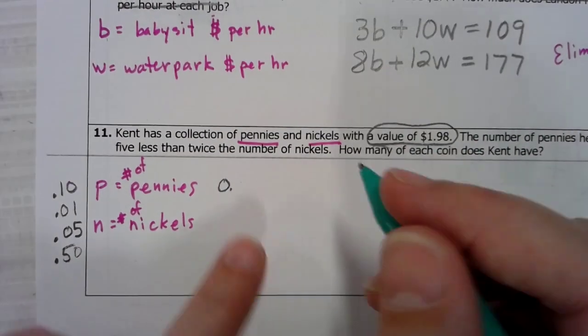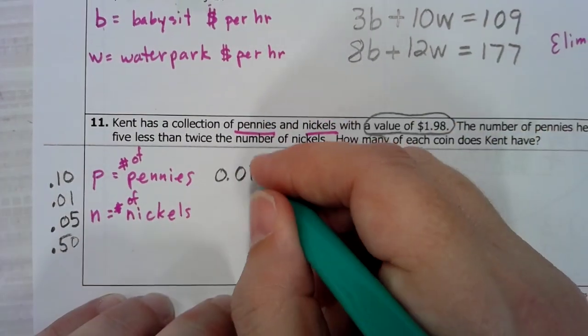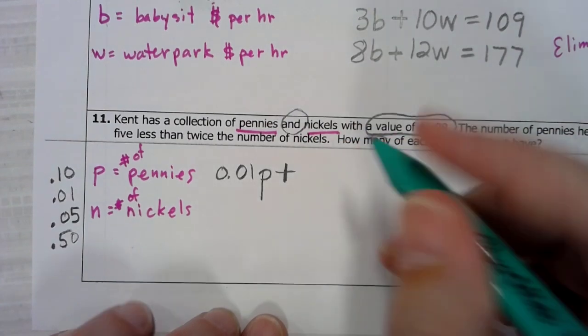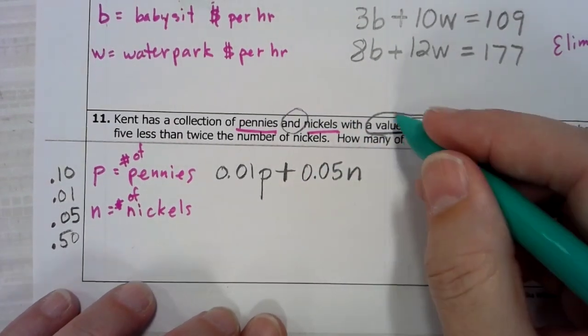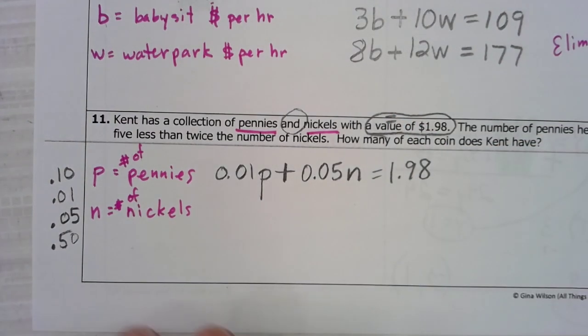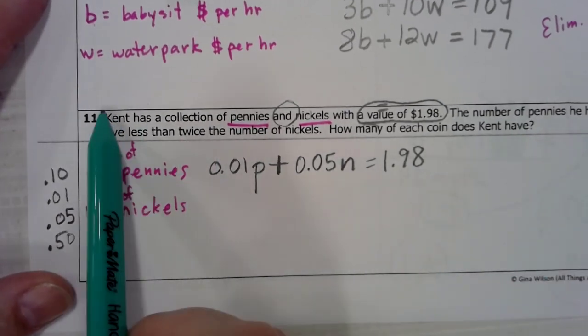Okay, so he has a bunch of pennies, 0.01 times however many pennies, and a bunch of nickels, 0.05 for all of our nickels, and the value is going to equal $1.98. And then let's see, what's this other sentence say? So we can cross that one out.